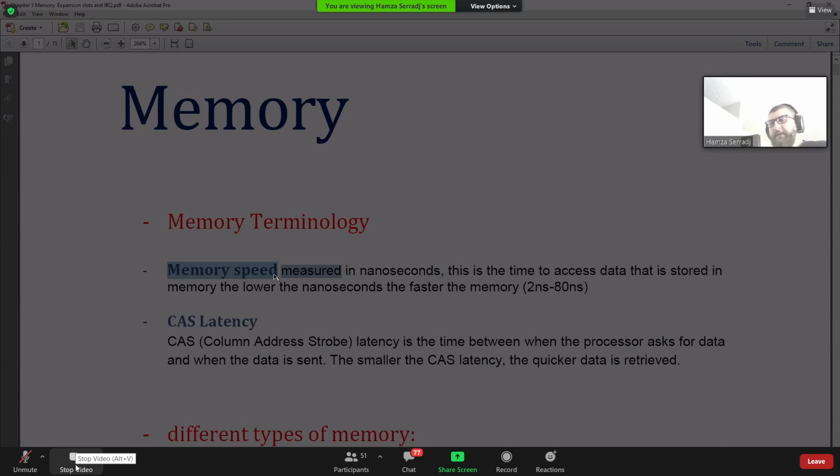You can find some lower speed with higher latency that is cheaper than the one with high speed and higher latency, and you're just going to spend your money getting a higher speed with a bad latency on that memory, when you can buy cheaper with a better latency and a little bit lower speed, and you're going to have higher performance in your computer. Column address strobe is a parameter that is really important when you deal with your RAM.